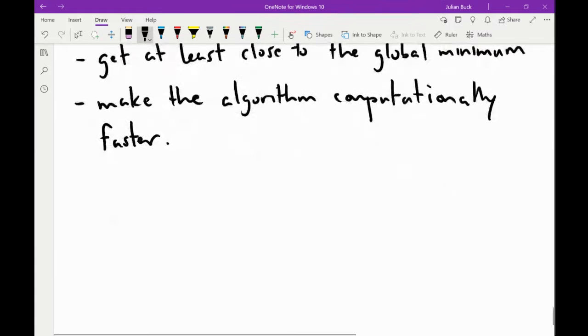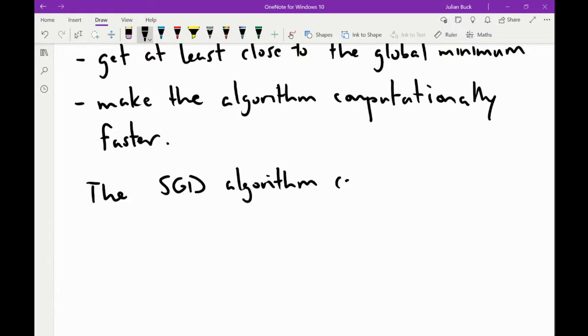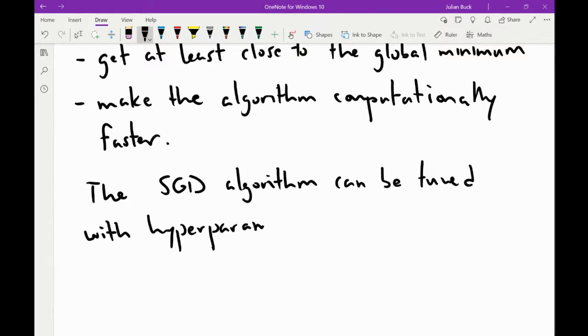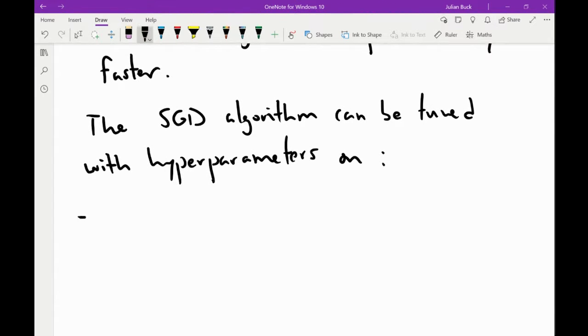So the stochastic gradient descent algorithm can be tuned with hyperparameters on the gradient descent.